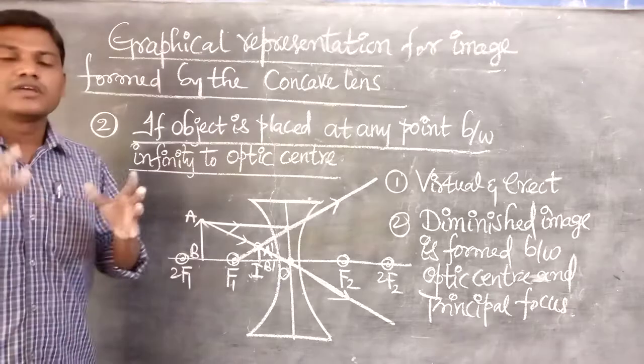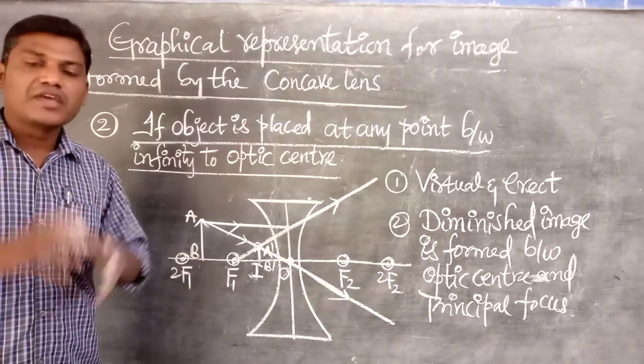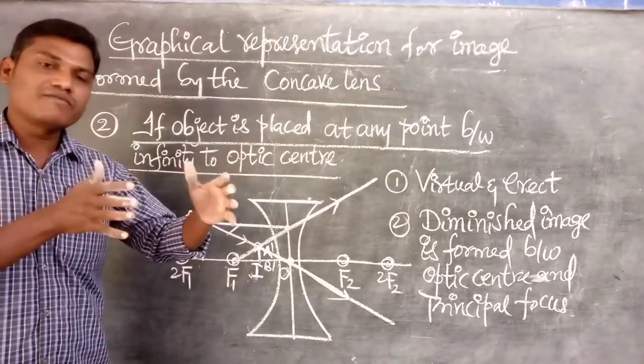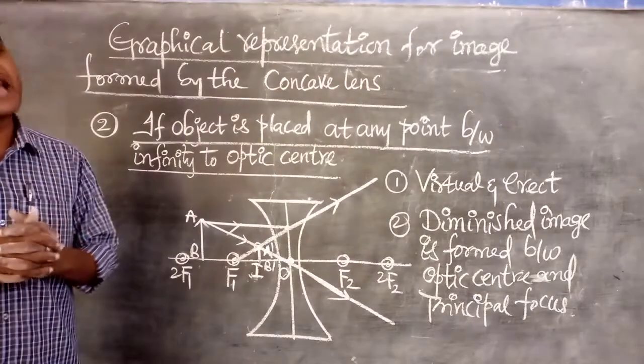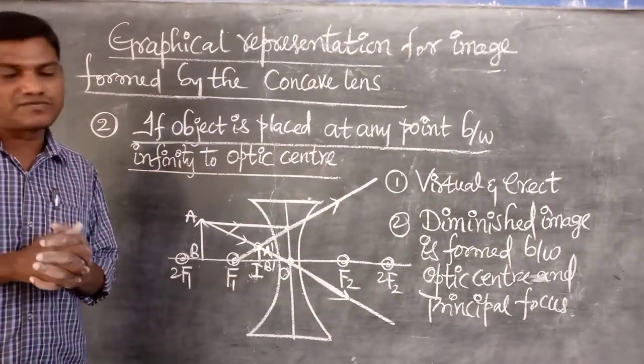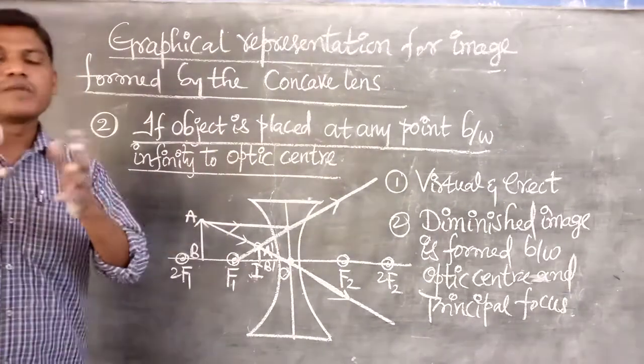So listen very carefully. In convex lenses, there are totally 6 ray diagrams for image formation, and for the concave lens there are 2 diagrams.